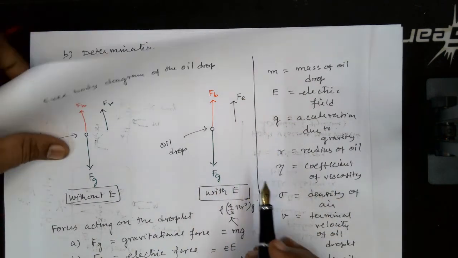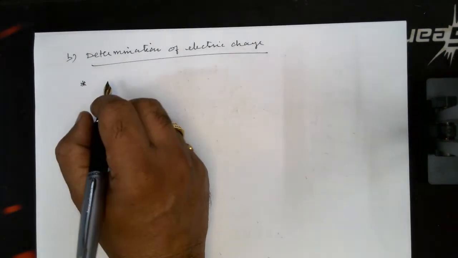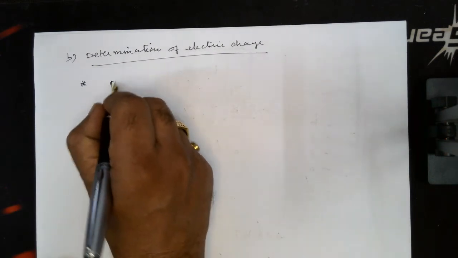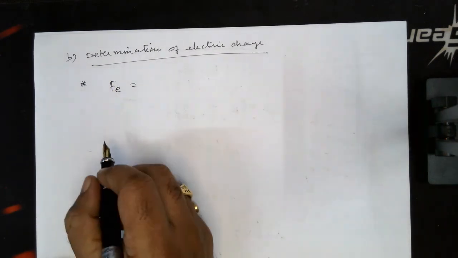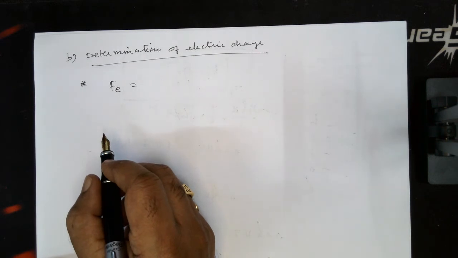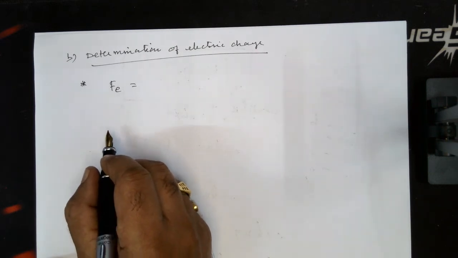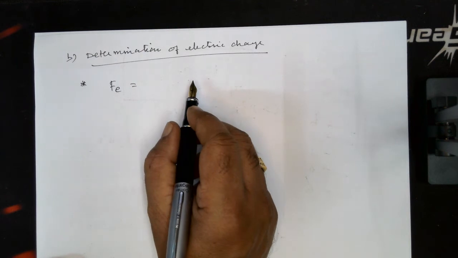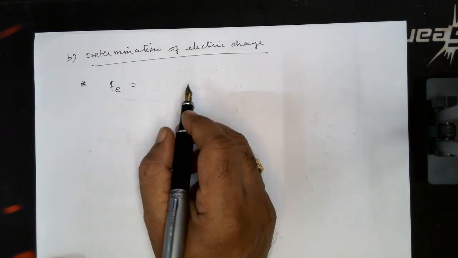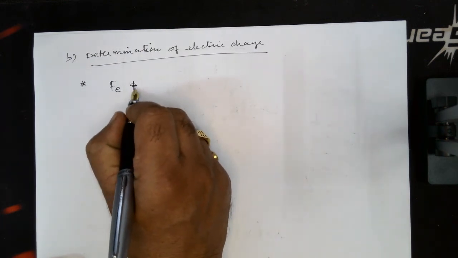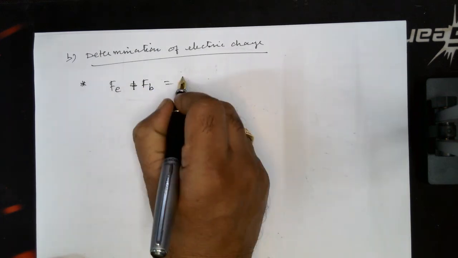Okay, right. Now this Fe is net force of Fg and Fb. Otherwise you can call it Fe plus Fb is equal to Fg, correct?